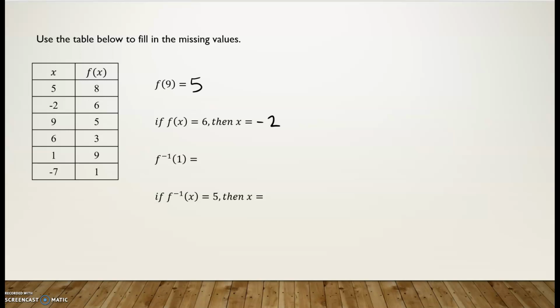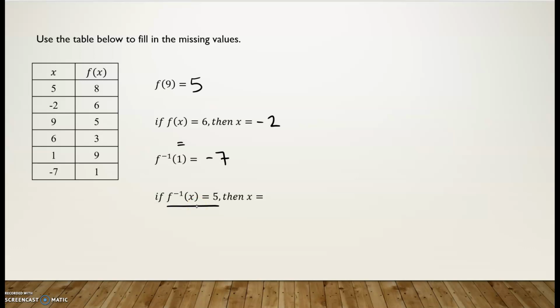Okay, so everything is backwards. We're used to saying, well, okay, that's f of x, so that means x equals 1, but since it's an inverse function, it's not x, it's actually y is equal to 1. So I'm going to come over to y is equal to 1, and then I'm going to grab that negative 7. Okay, and then this right here, we're used to saying, okay, that's f of x equal to 5.